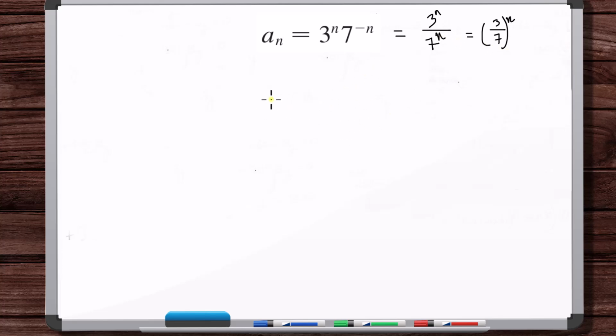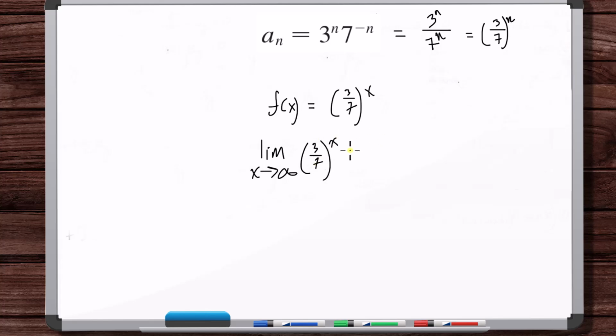Yeah, we can definitely, with no issues, do this, because this is like an exponential. With exponentials, you don't have to have just integers in the exponent. So what is the limit as x approaches infinity of (3/7) to the x?